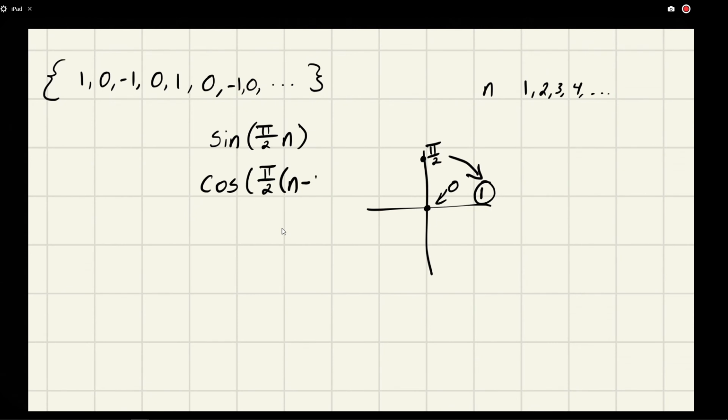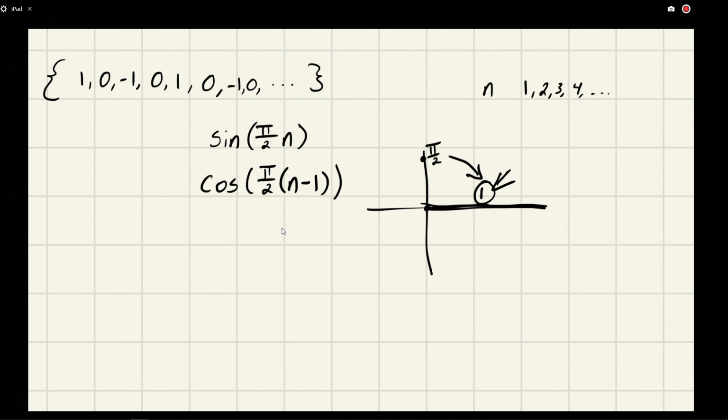So we're going to do n minus 1. So this one would evaluate to 1 pi over 2. This one's going to evaluate to 0, and cosine of 0 degrees, so this is a little confusing because I have a 0 here. But if we had 0 degrees, that would just be this line, and that's going to give us 1. So this is what it would look like if you chose to use cosine instead.